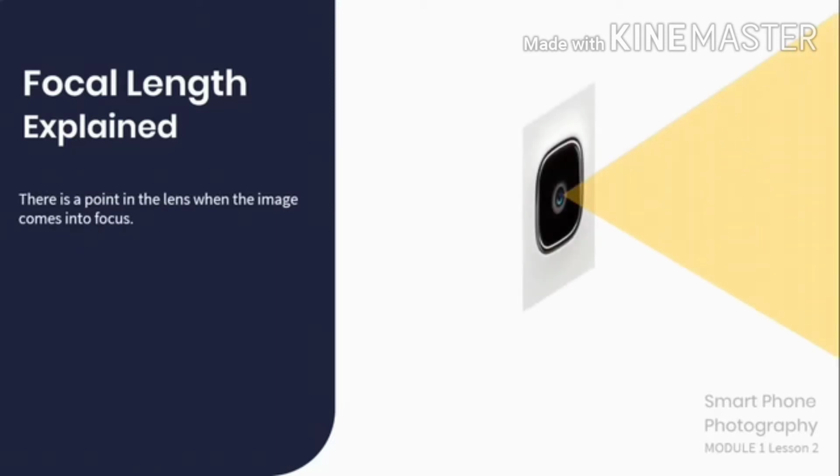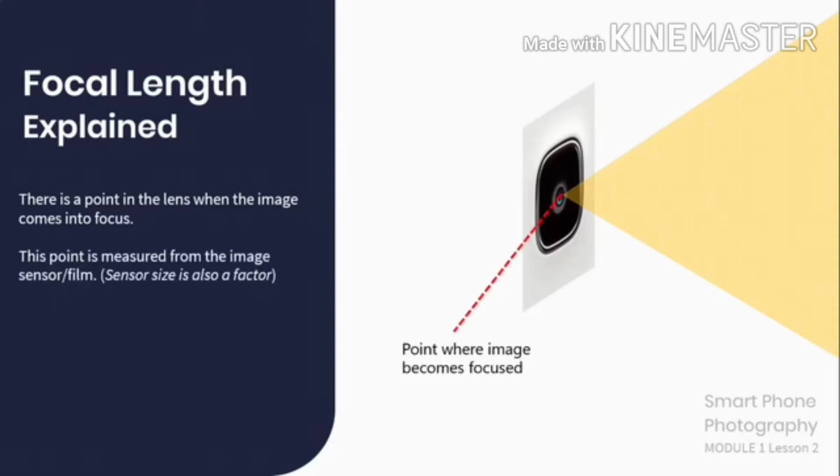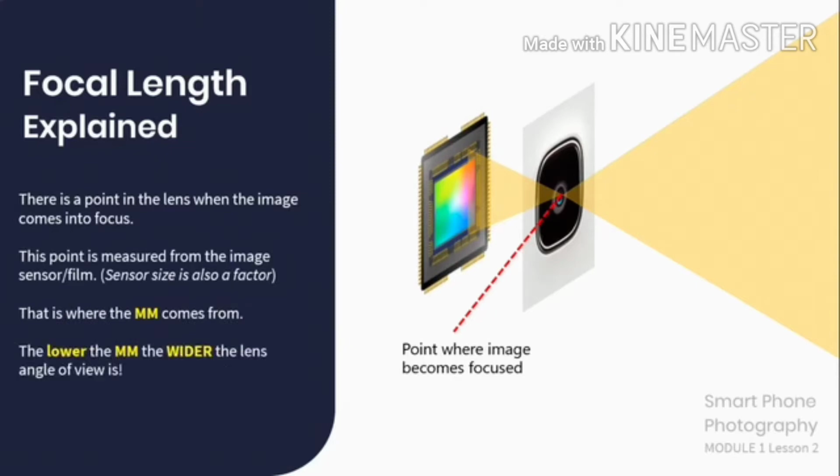When the light enters our lens and is projected onto our image sensor (sensor size is also a factor here), that distance between where the image is focused and the image sensor is where we get those millimeters.